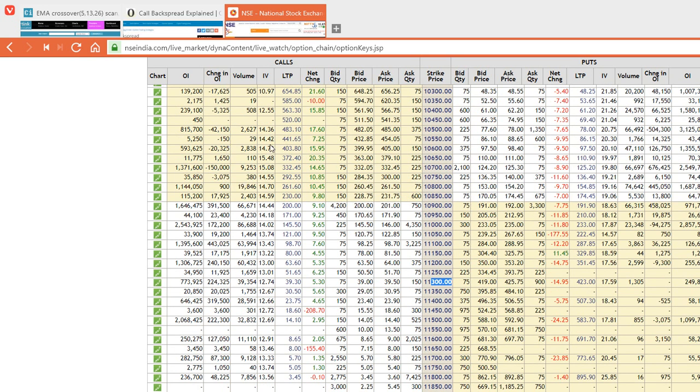The other way around is if Nifty crashes and reaches 10,400 here, then you will have limited losses. That means this sell will be in huge profit. This will obviously be in loss, but this will be in profit, and you will have limited loss here. Now, how much the loss will be is a big question.